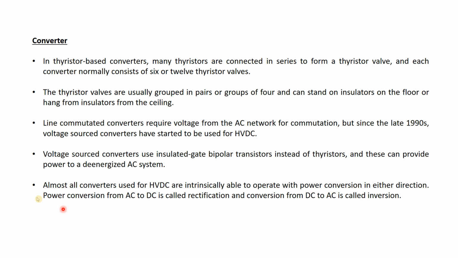Either the converters are connected to the insulators on the floor, or they are hanging from the insulators from the ceiling. So the insulators are connected to the ground, and the thyristors are connected on the insulators above the ground.